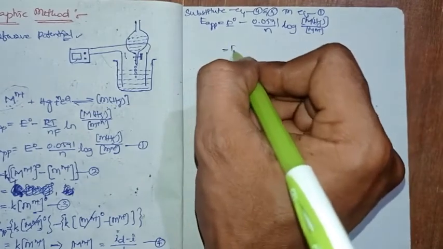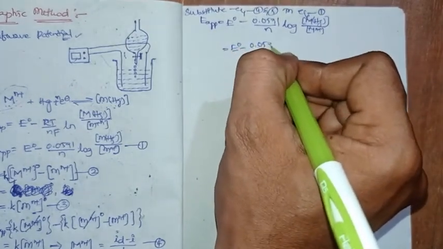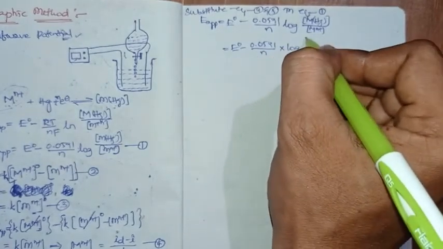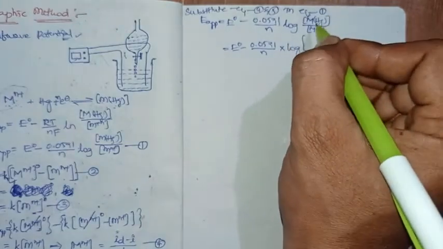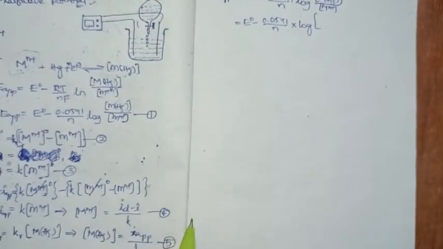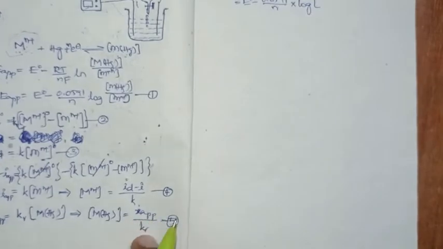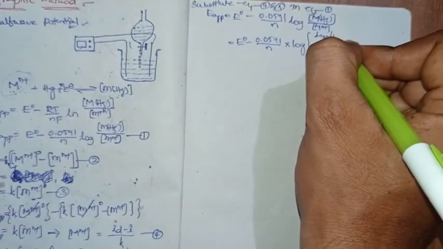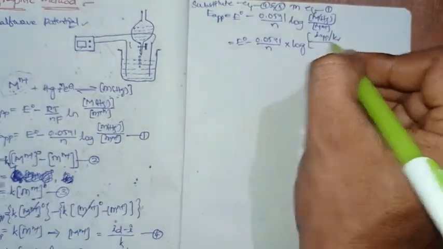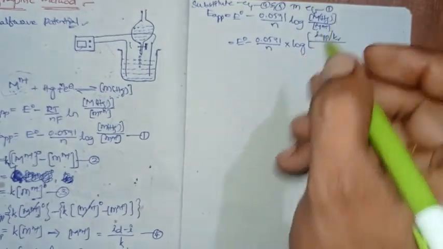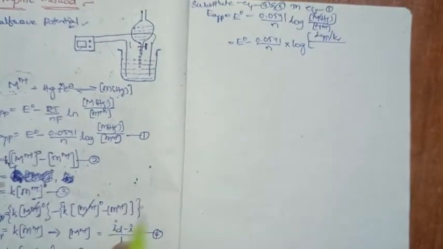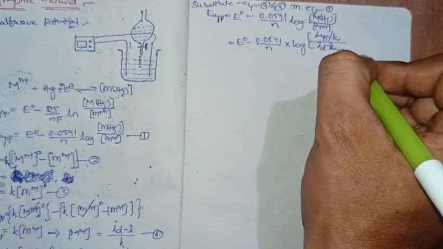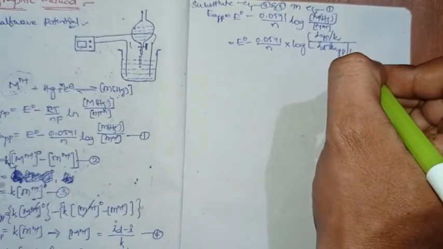That becomes E naught minus 0.0591 by N times log of, amalgam concentration equal to the applied current by Kr, that is I applied divided by small kr, and the whole divided by the remaining metal ion concentration from equation number 4, which is Id minus I applied divided by K.